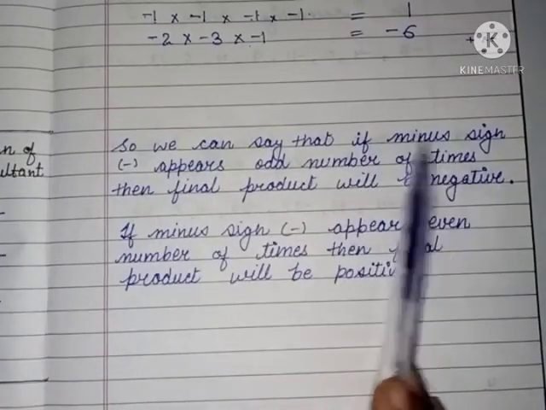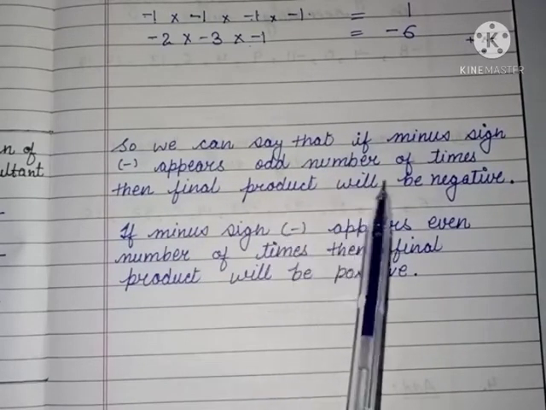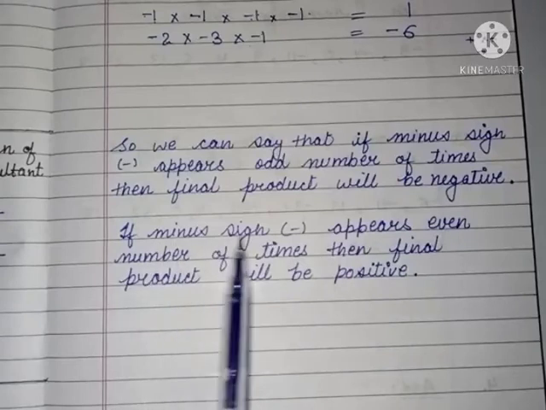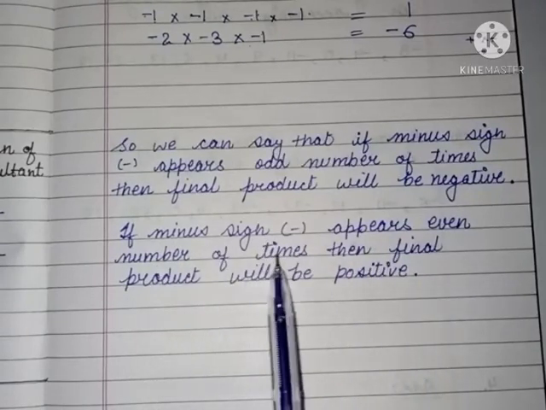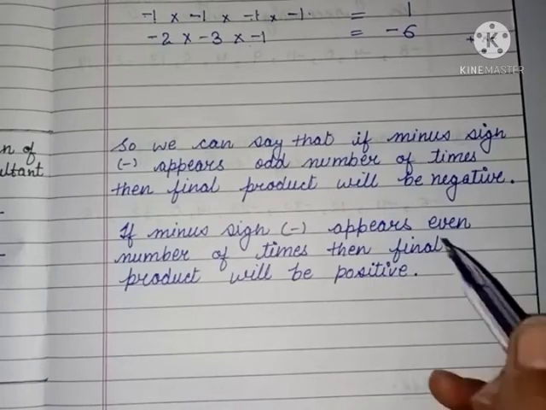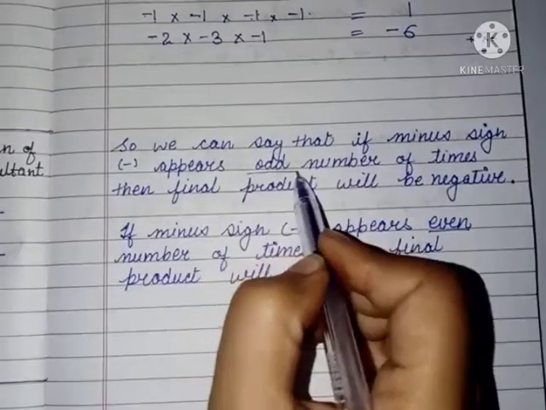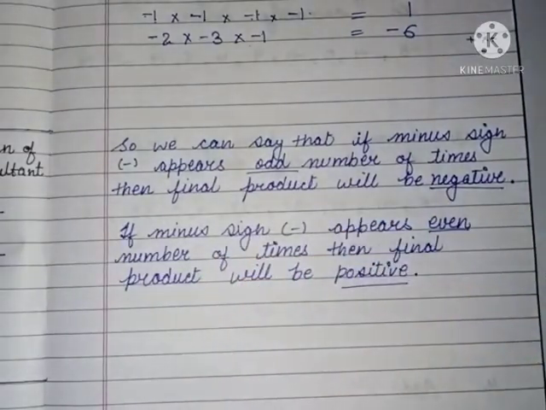If minus sign appears odd number of times, then final product will be negative. If minus sign appears even number of times, then final product will be positive. Okay, अगर even है तो positive होगा, odd है then negative होगा. Okay, so check the number of times in multiplication the negative sign is occurring. Based upon that you can put the sign of your resultant.